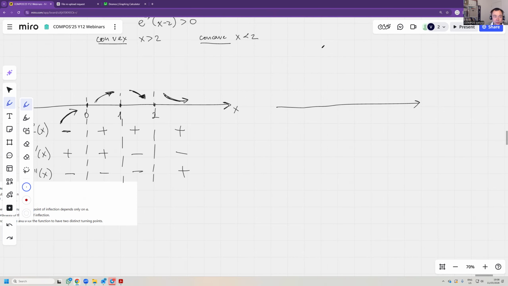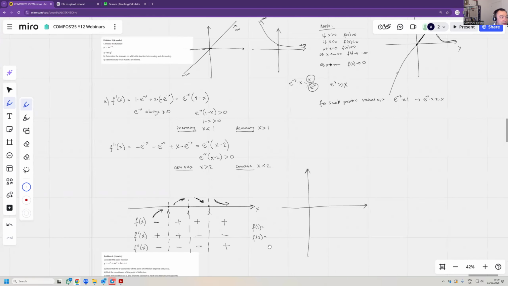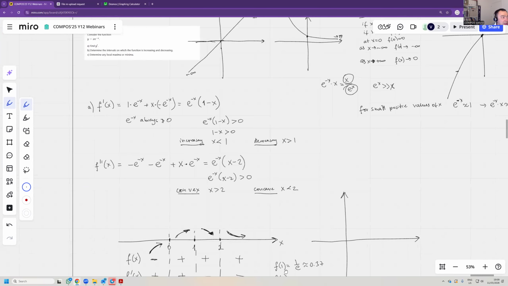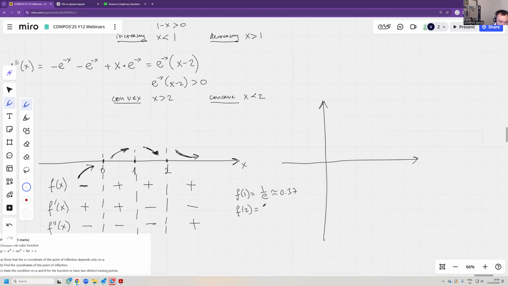You also need to do f of 1, of course, and f of 2. So f of 1 is just 1 over e. 1 over e is approximately 0.37. And f of 2 is 2 over e squared, which is smaller than that.